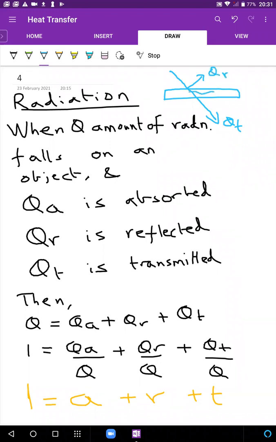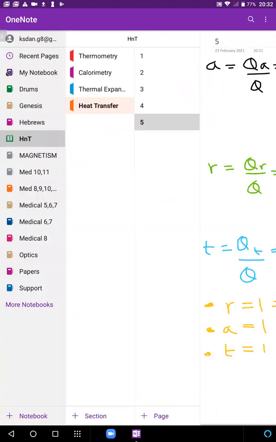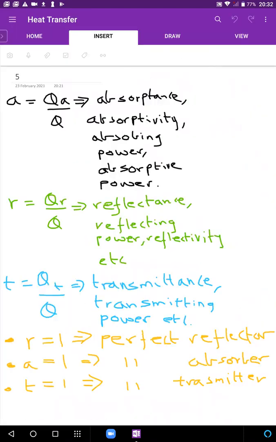And if it absorbs heat, then that's called the absorbed heat. Transmitting means allowing it to pass, like a transparent material does. Reflecting means sending it back, which is what shiny objects, mirrors, and polished surfaces do.